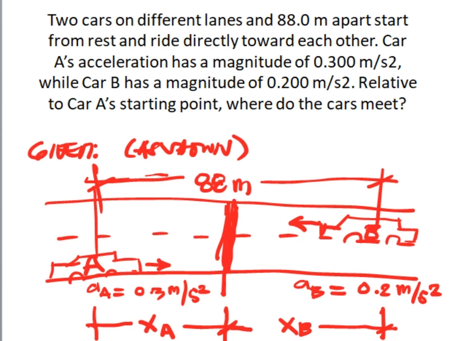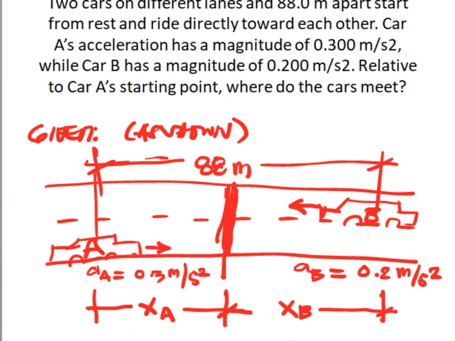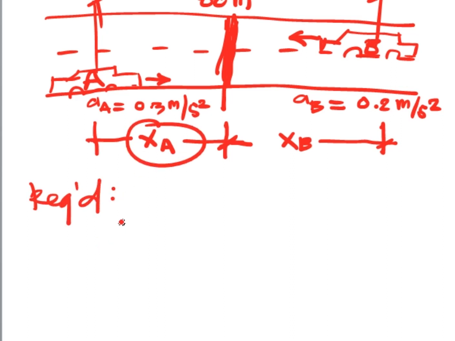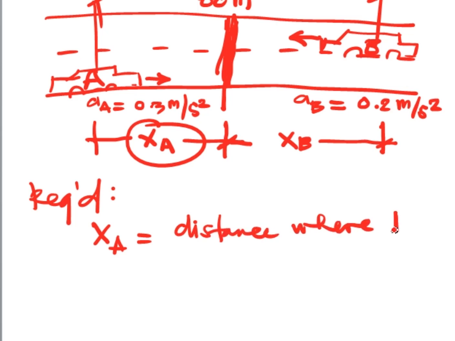So we are required to get the distance relative to car A, the distance where the two cars meet.